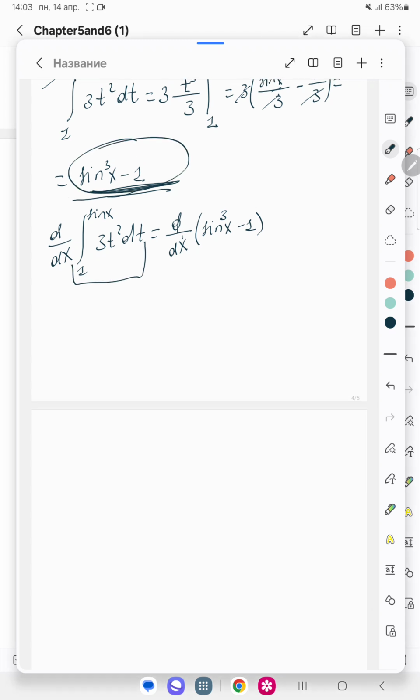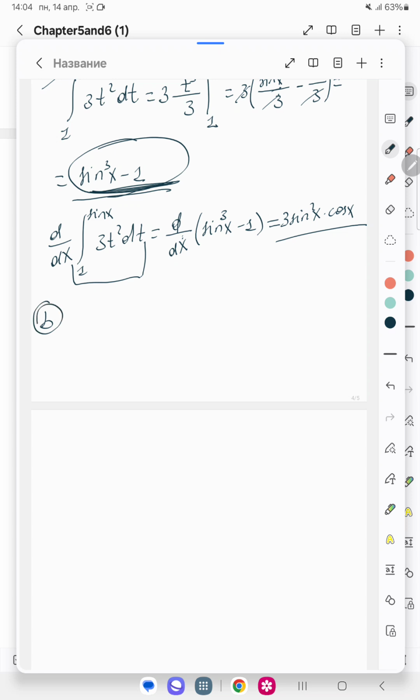So it equals the derivative of sine cubed x minus the derivative of 1. Derivative of 1 will be 0. The derivative of sine cubed x is 3 sine squared x times the derivative of sine x, cosine x. So we got the answer.